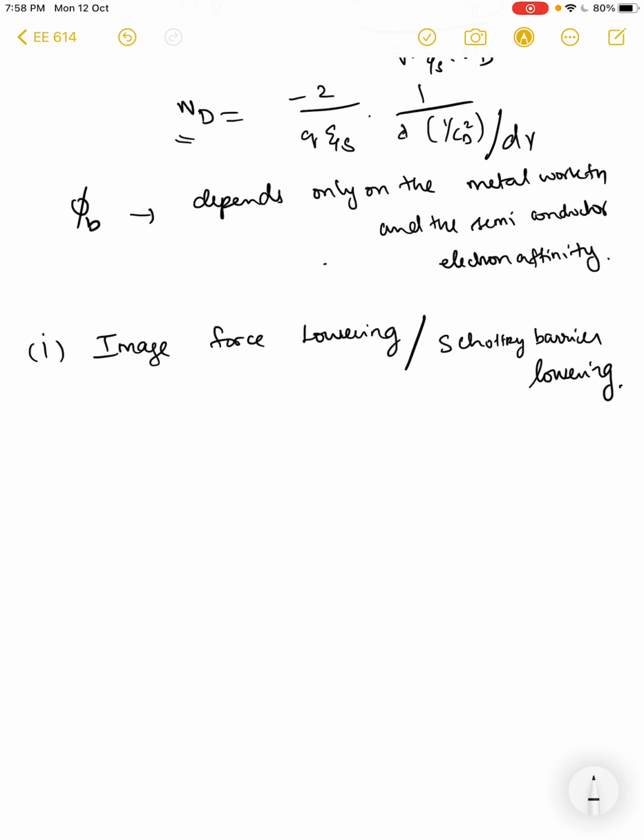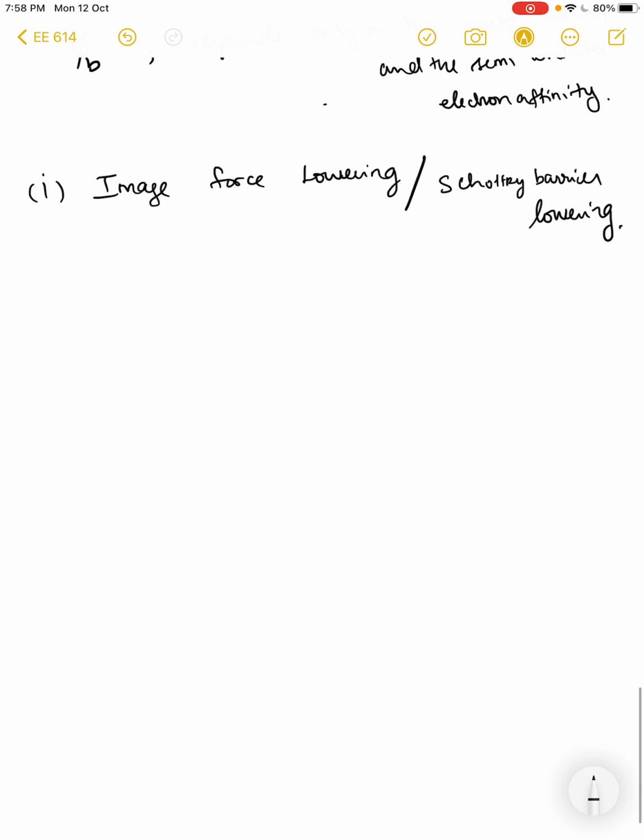The origin of this particular behavior is, if I take a metal sheet and move an electronic charge in proximity to it, and this metal sheet is maintained at a constant potential V, you will get a positive charge induced in the metal sheet due to this negative charge, because of the dipole action, right?